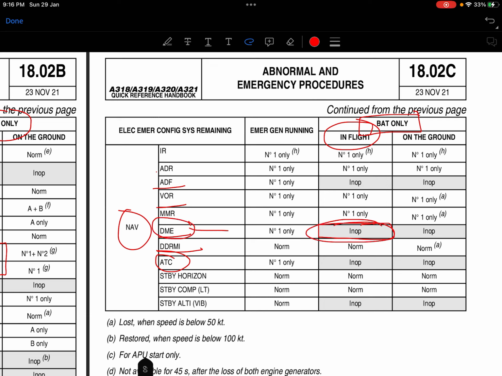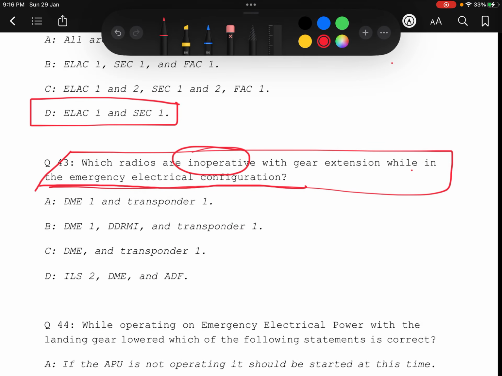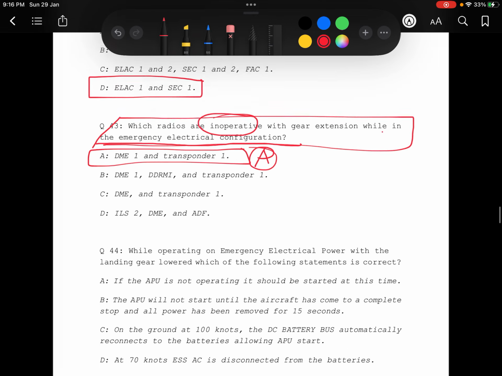And another one is ATC, which is inoperative, right? If you open the options available in that question, you will find these 2 options only which are correct. There are only 2 options which are correct. So we'll go to the question again and we'll find DME and transponder. It is alpha, right? Correct.